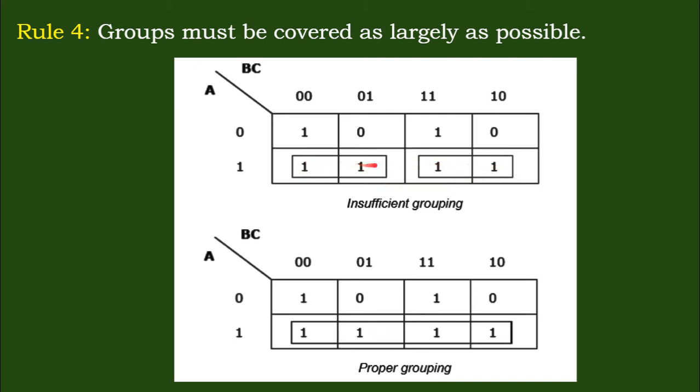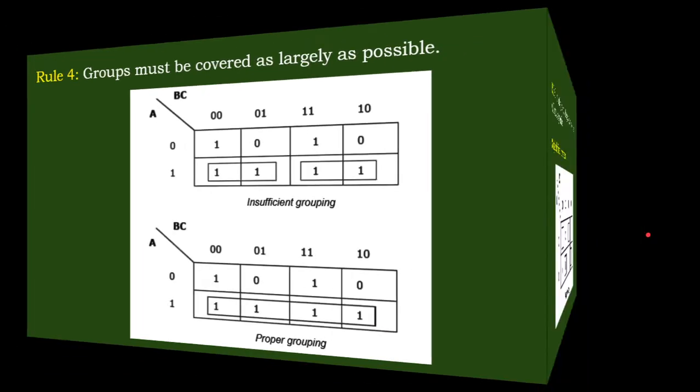In this case, we cannot group 2 together and separately 2 together because this is called inefficient or insufficient grouping. This will not give the simplification properly. So we have to combine all the adjacent 4 ones to form a group. This is one group called a quad, which has 4 ones. So this is a proper grouping.